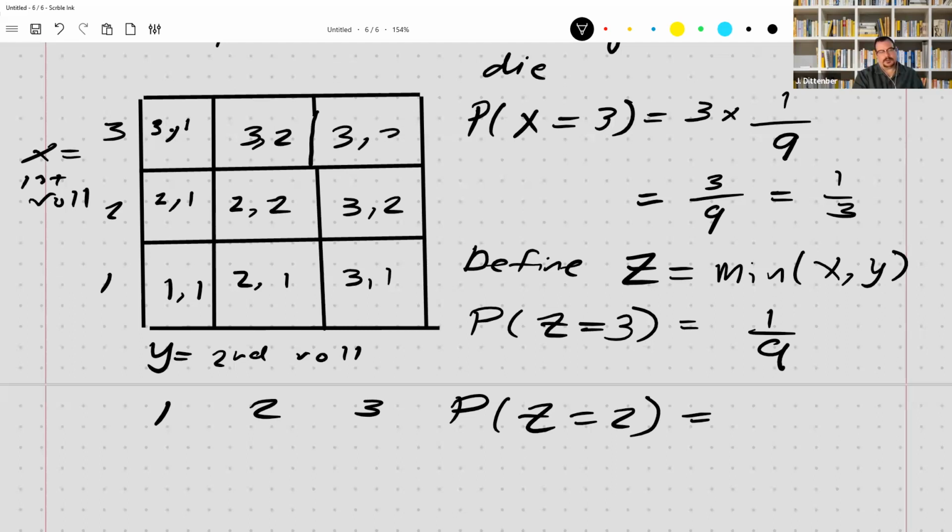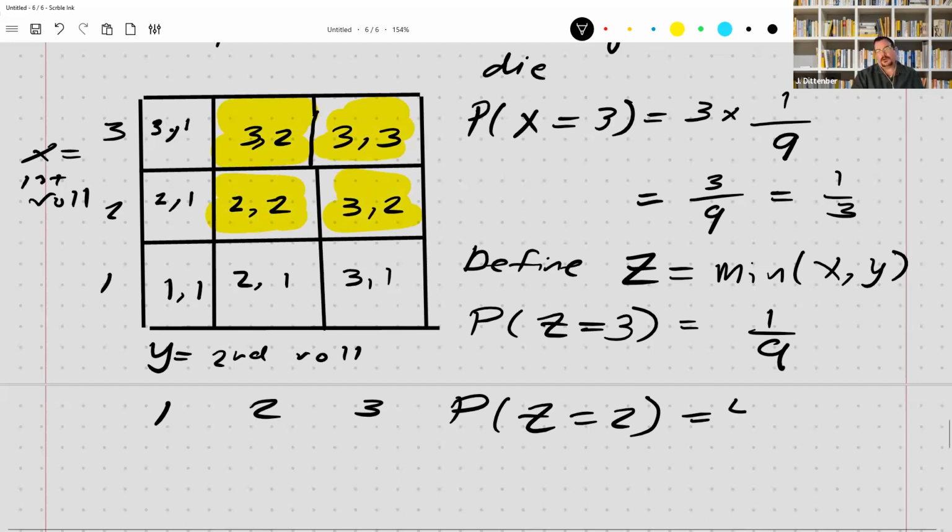This is 3, 3. Where is 2 the minimum? Well, definitely not here, not here, and not here. Starting with here, 2 is the minimum. So we're going to go from here and then go up and to the right. Only in these 4 squares is 2 the smaller of the dice rolls.